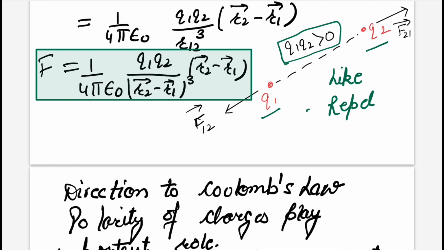So that's why the force F12, that is the force on charged particle 1 by 2, and F21, that is the force on charged particle 2 by 1, are both outward as the force is of repulsion. So both are drawn outward from the central axis.